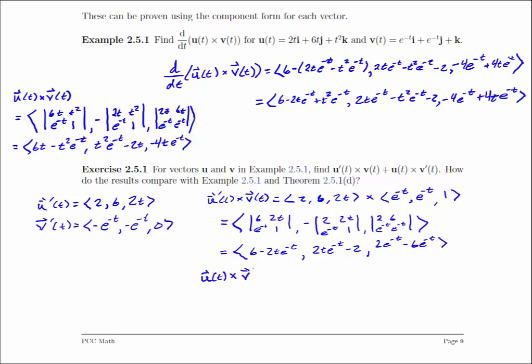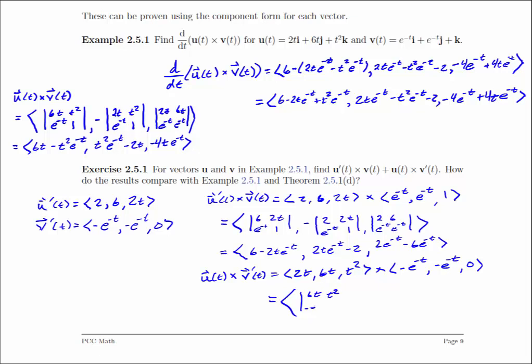The next thing we want to do now is u crossed with v prime. So let's just write these out again. 2t, 6t, t squared, crossed with v prime, which is negative e to the negative t, negative e to the negative t, and 0. So our determinant for the first one is going to use the second and third components.